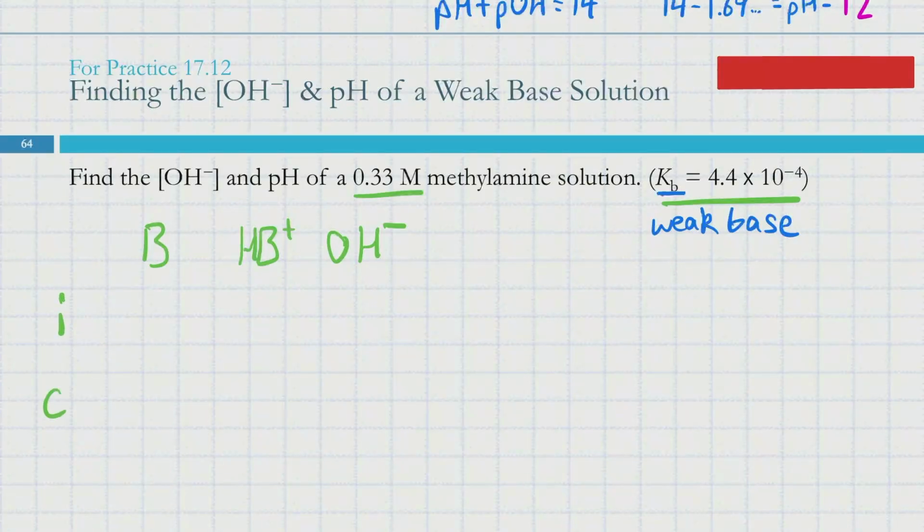And we write in our initial, change, and equilibrium. Our initial concentration of our weak base is 0.33 molar, and we initially have none of our HB plus, and we've got a negligible amount of hydroxide.